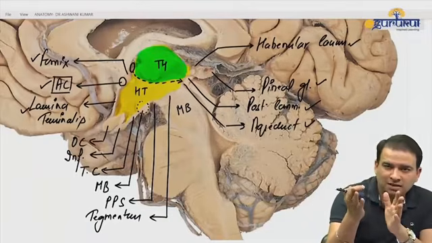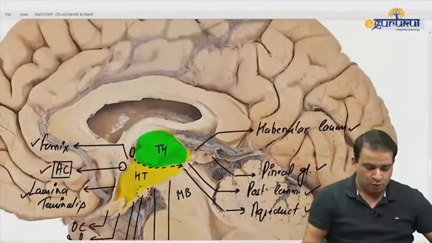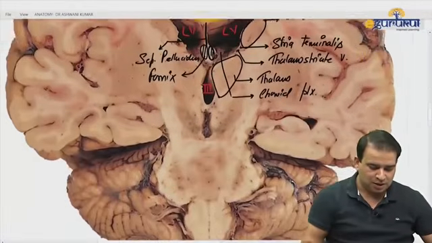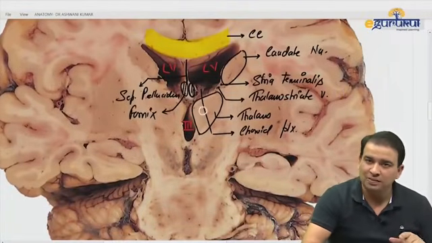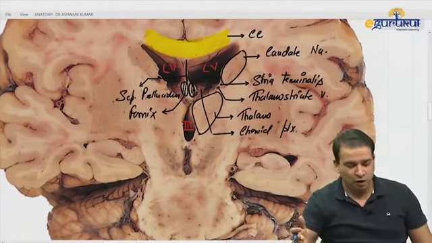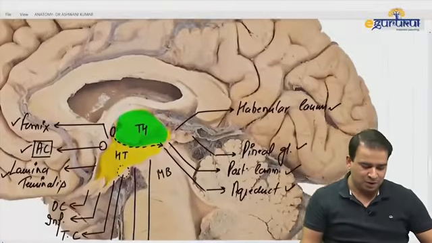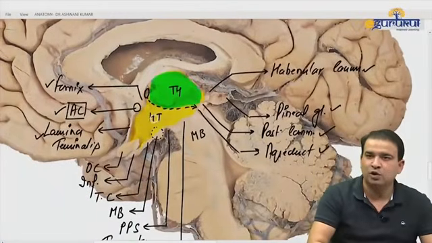Another thing which is very clear from this picture is that the lateral wall which we saw in this image is not only by the thalamus, it is also by the hypothalamus as well. The lateral wall of the third ventricle is by the thalamus, and when you see the sagittal section, you can see even hypothalamus is also contributing to this.